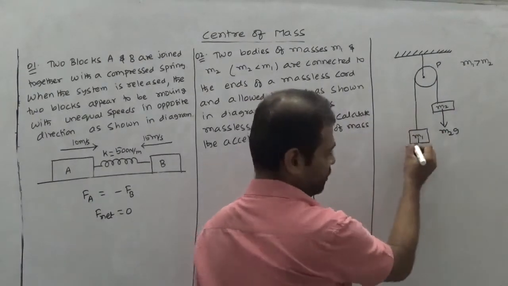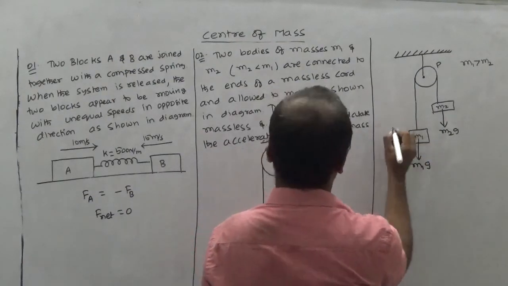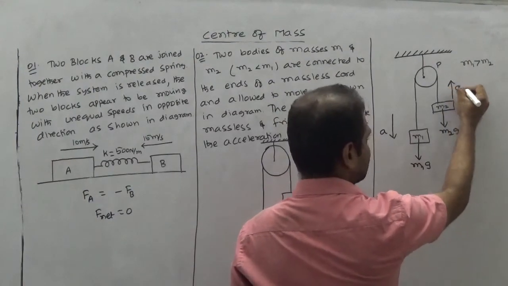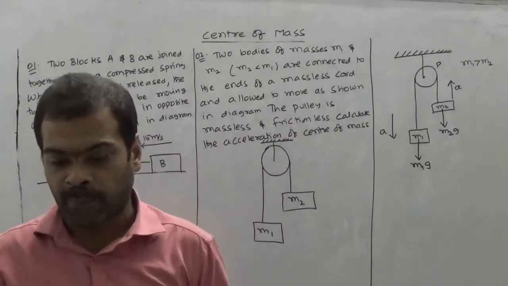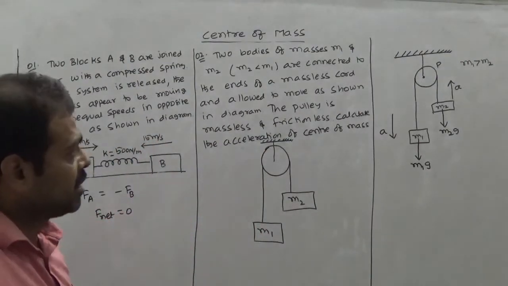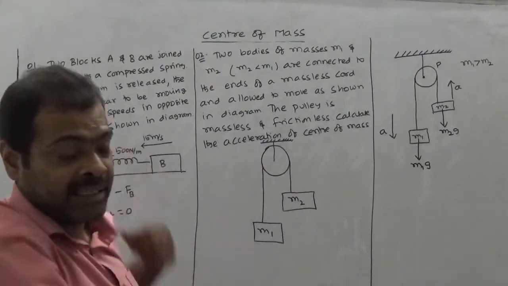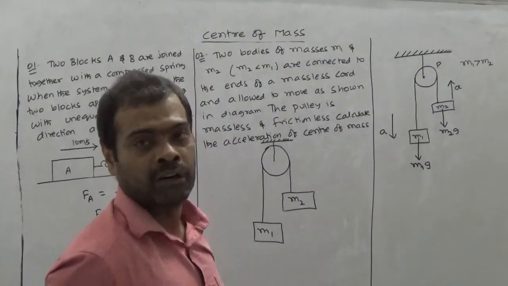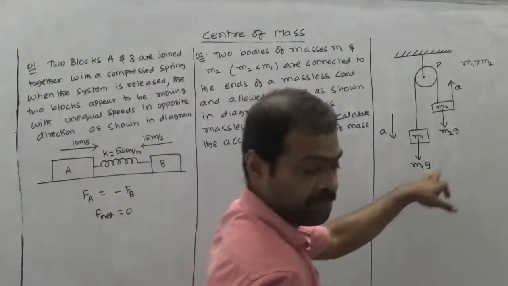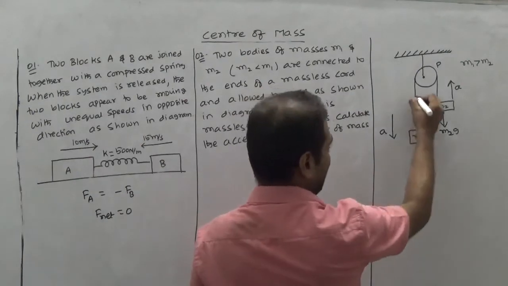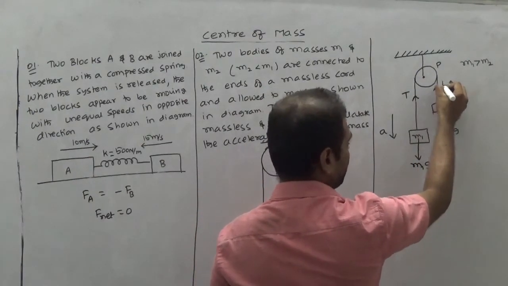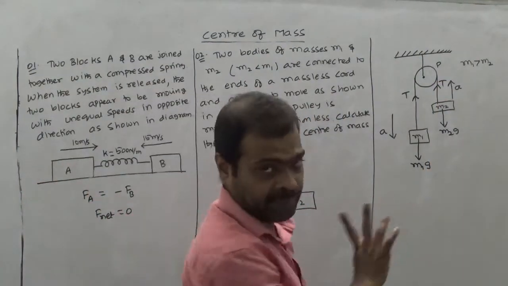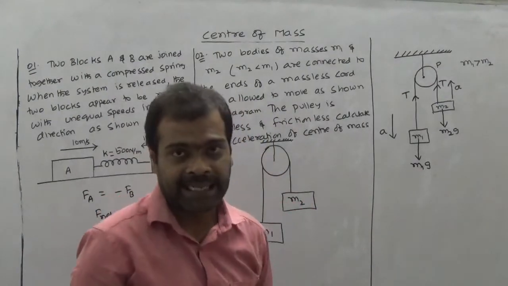So m1 has an acceleration a moving downwards, and m2 has an acceleration a moving upwards. Apart from the weight, we have a tension T that will act towards the point of suspension.